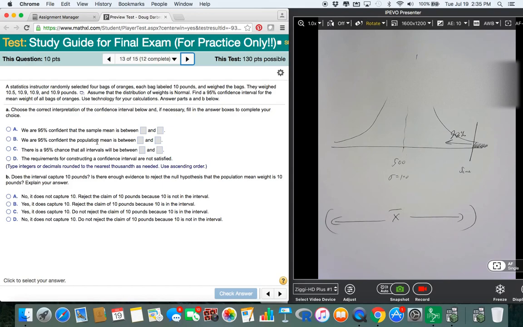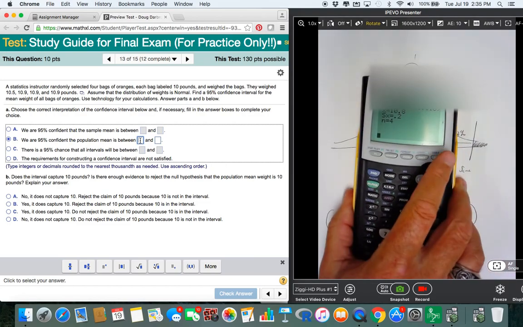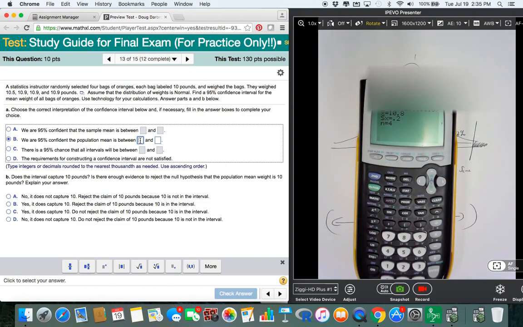B, we're 95% confident that the population mean, that's what we're trying to estimate. So that's clearly going to be it. And the left bound was, what are we rounding to here? Rounded to the nearest thousandths. So we need 10.482 and 11.118.